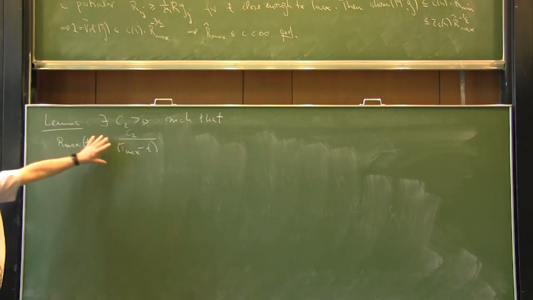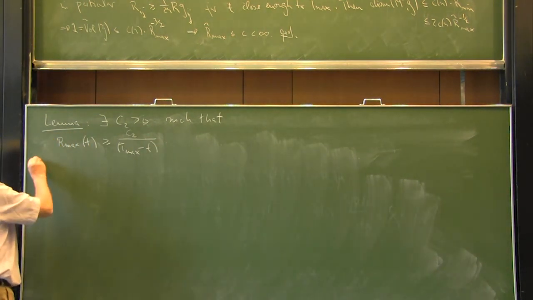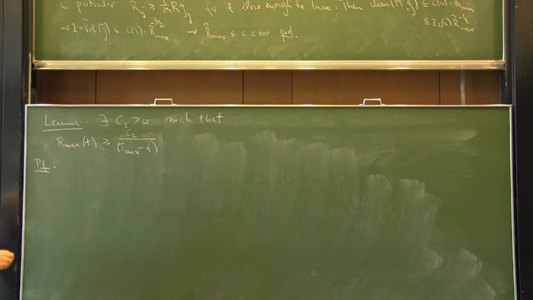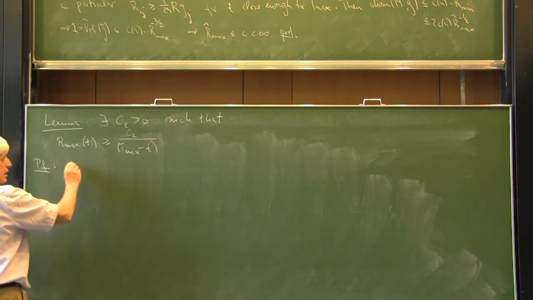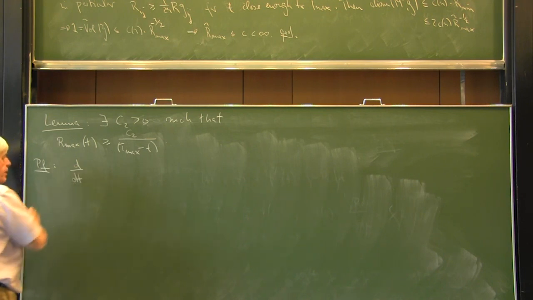So it's just saying it's behaving like it should. And the proof just looks at the evolution equation for the scalar curvature.